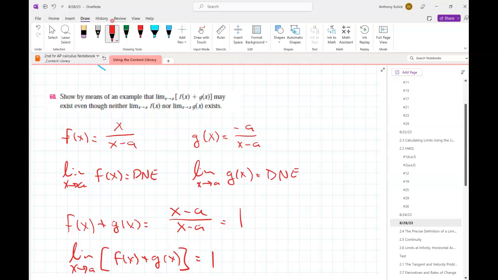So that's what I did. I just took two rational functions that were undefined at a, and I made their numerators so that when I add them together, I get the numerator to cancel the denominator. And then that's a limit I can do.